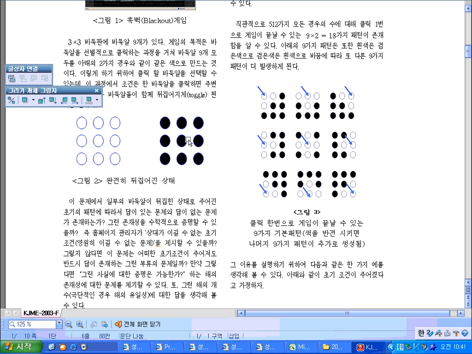The objective of this game is to make, from the given arbitrary condition, all black or all white by clicking one of these 9 stones.